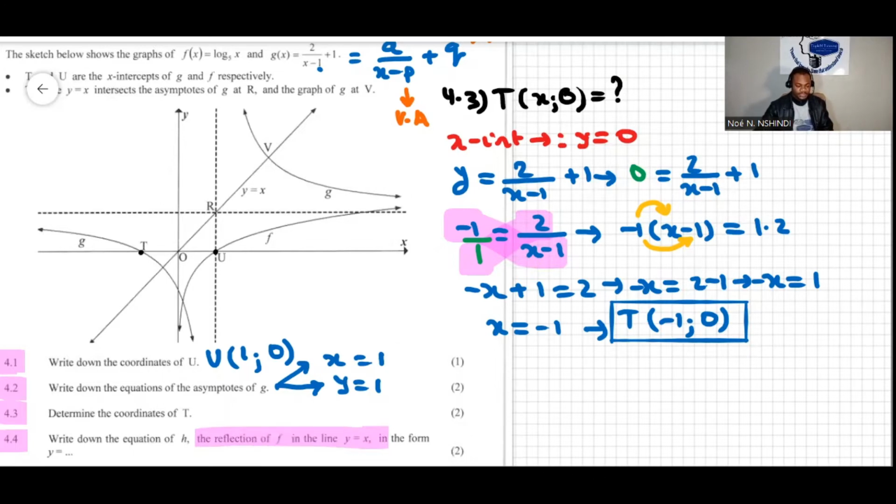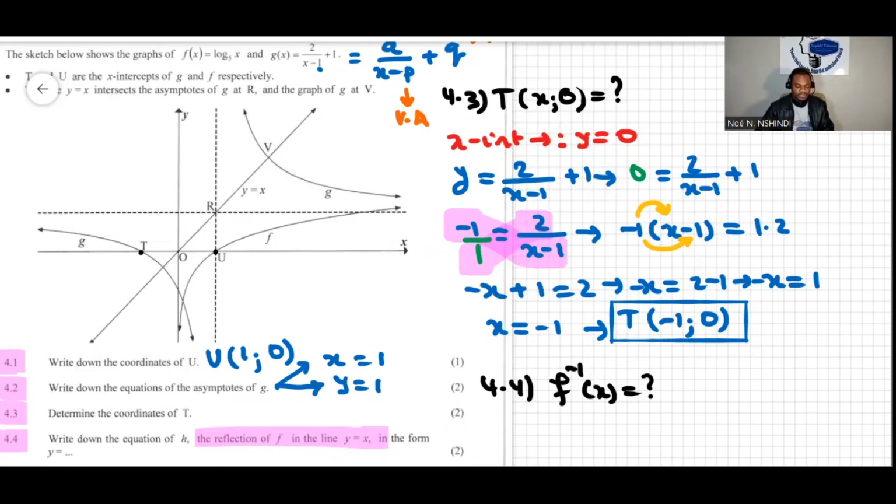So we need to find the inverse of the function f. Here, question 4.4. So basically we're looking for f minus 1 of x. That's the meaning of the words we see there. Now, I'm going to write it over here. Let me just write it properly.